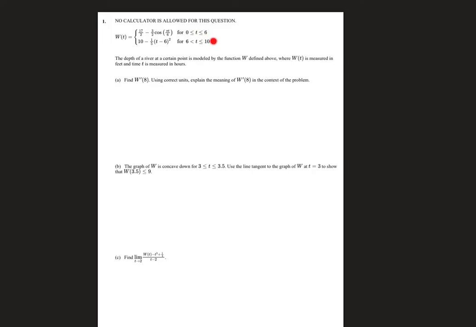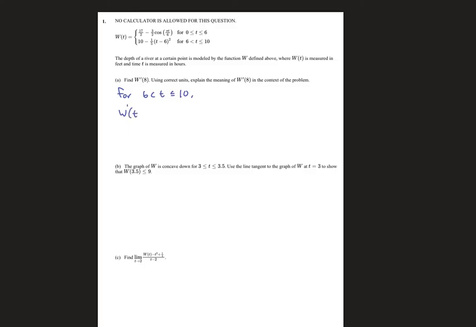Since 8 falls into this domain, we'll just use the piece associated with that domain, for values between 6 and 10, including 10.